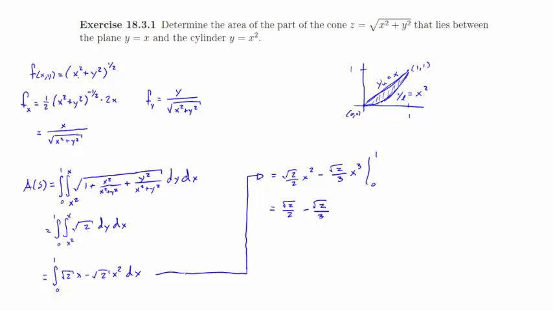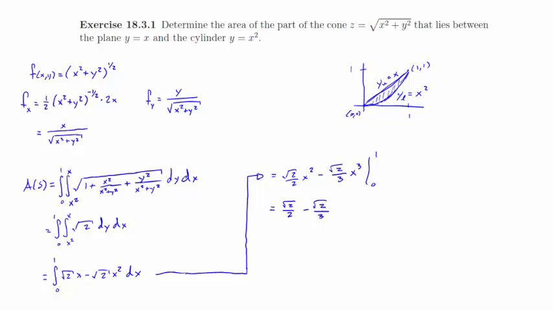So f of x comma y equals the square root of x squared plus y squared. f sub x equals x over the square root of x squared plus y squared, and f sub y equals y over the square root of x squared plus y squared. So the area is going to be given by the integral from 0 to 1 in the x direction of the integral from x squared to x in the y direction of the square root of 1 plus x squared over x squared plus y squared plus y squared over x squared plus y squared, dy dx.